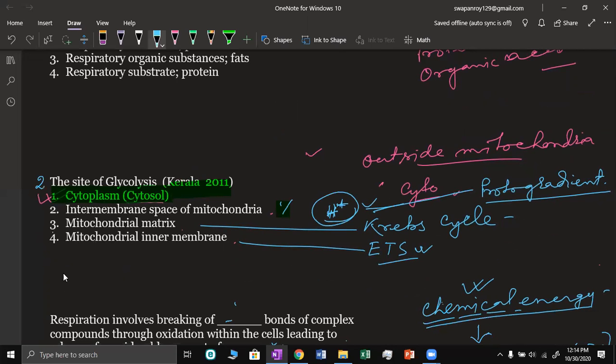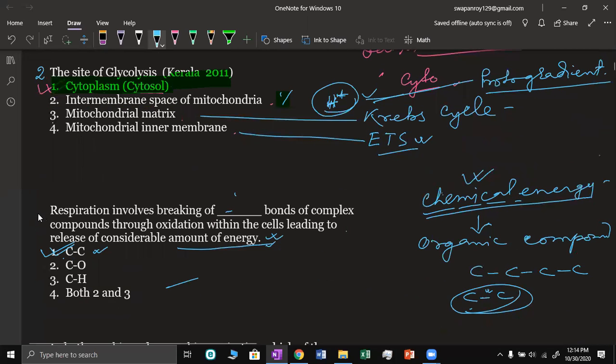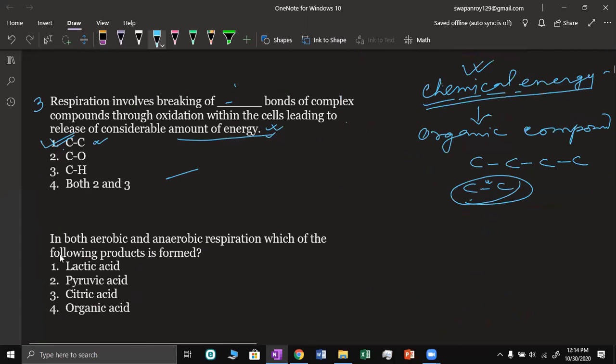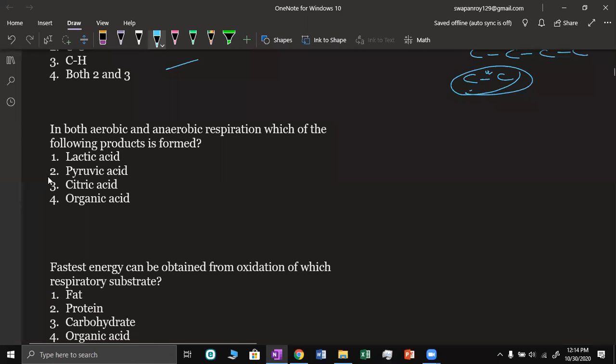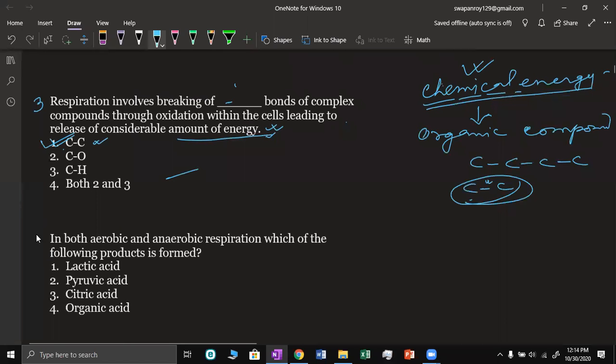Question 2, question number 3, and now come to question number 4. In both aerobic and anaerobic respiration, which of the following products is formed? Respiration is aerobic and anaerobic.